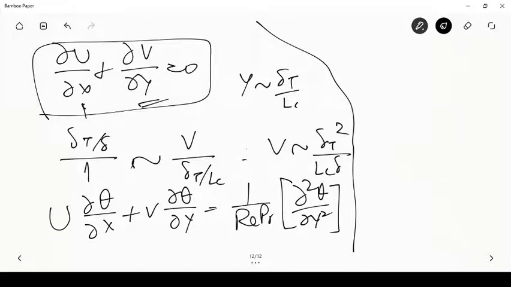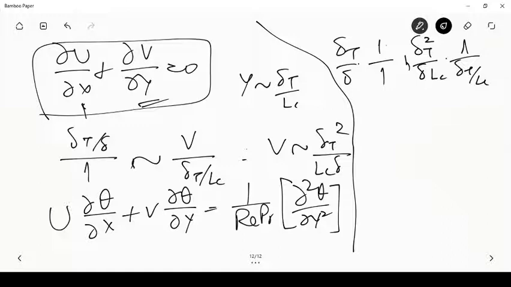The left hand side you have, sorry, this is not 1, it's delta t by delta, that is u, multiplied by 1 over 1, and the second term is delta t squared divided by delta LC, and this is 1 over delta t by LC. These are the two terms on the left hand side. Now the delta t by LC cancels out here and you get a delta t by delta, so the entire left hand side is of the order of delta t by delta.